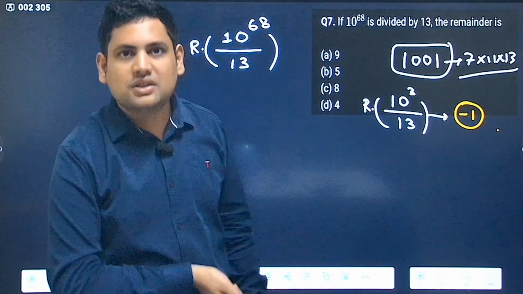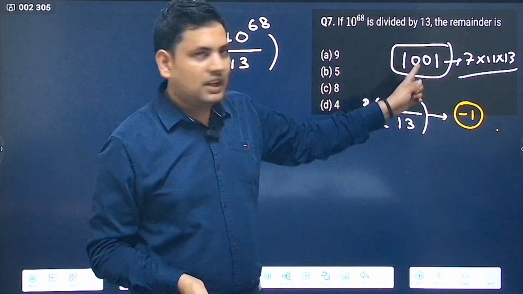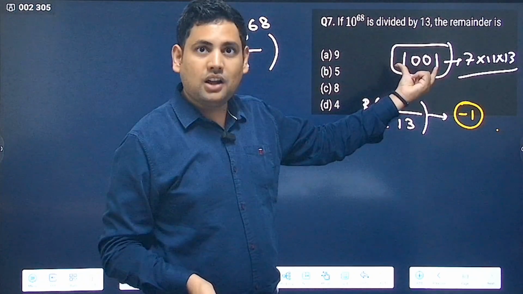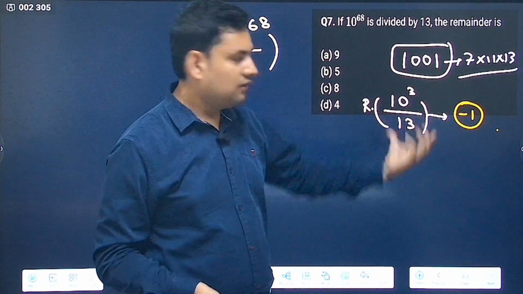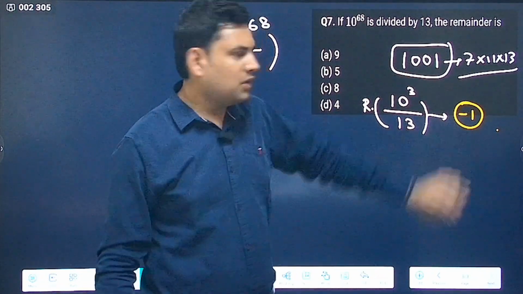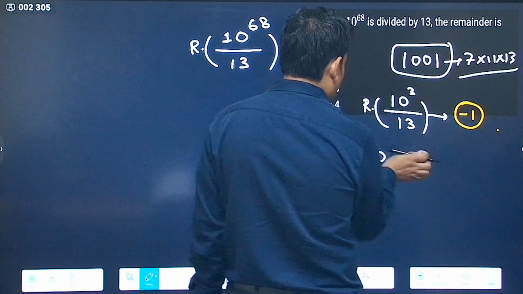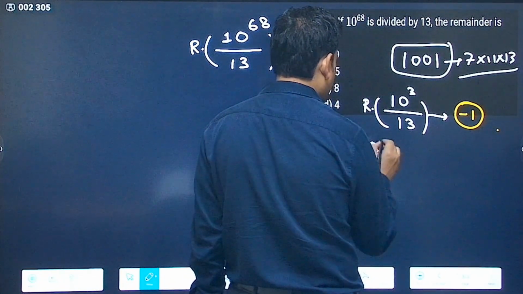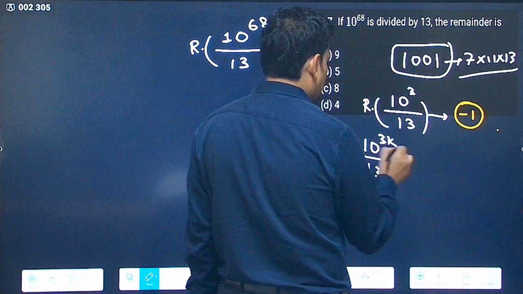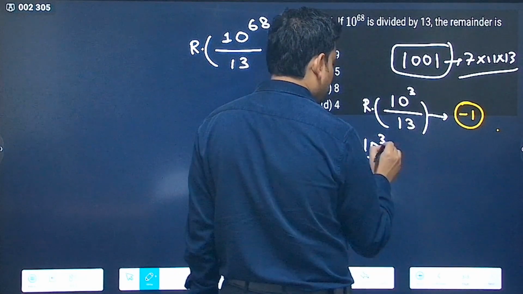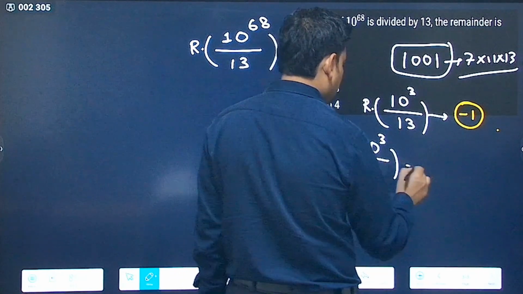That is using the concept of negative remainders, because 1001 is just the bigger multiple of 13 above 1000. So you got minus 1. That means 10 power 3 divided by 13 gives remainder minus 1.